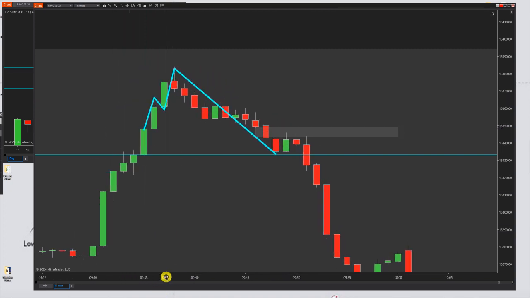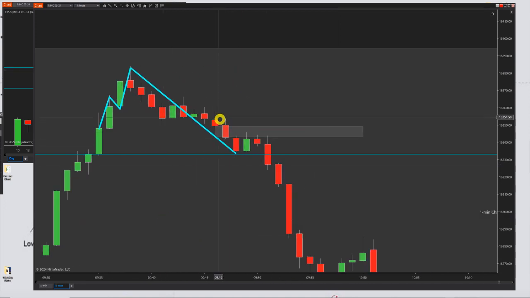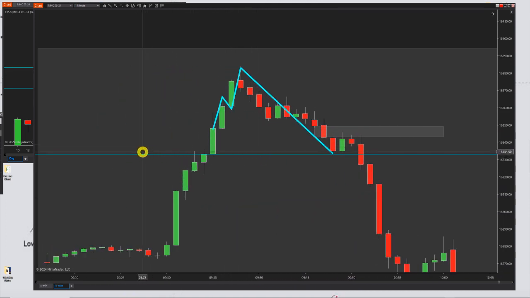And I tell you, they're not always pretty breaker block designs, but we're looking for the pattern where something kicks up high and comes back down and breaks structure, and creates a fair value gap in the process, and breaks the high of the previous day.